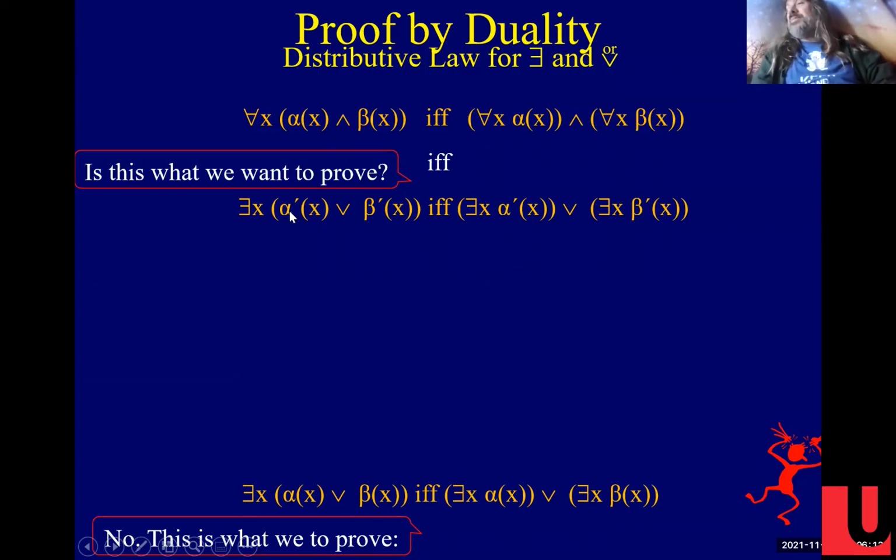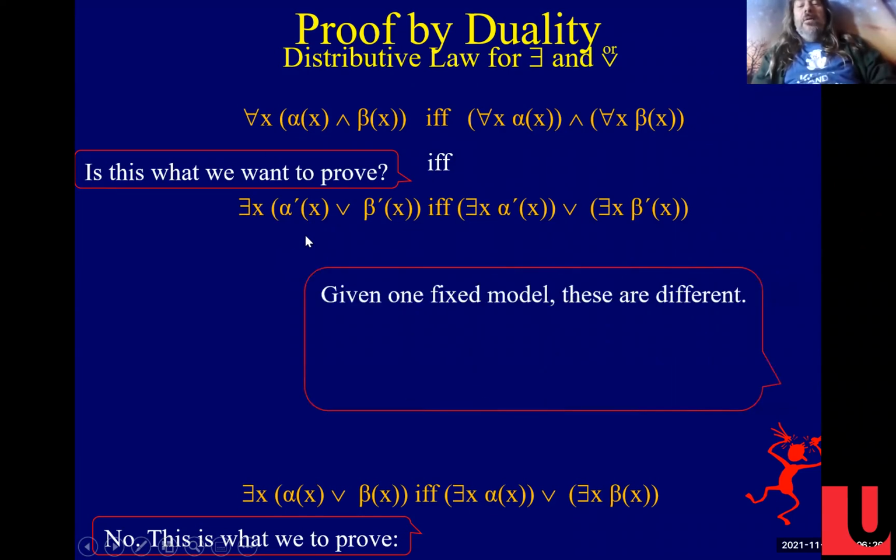Remember, this alpha prime is really a short form for... well, we can forget it. It's now some new relation, right? So does one necessarily imply the other? In general in the world, not necessarily, right?